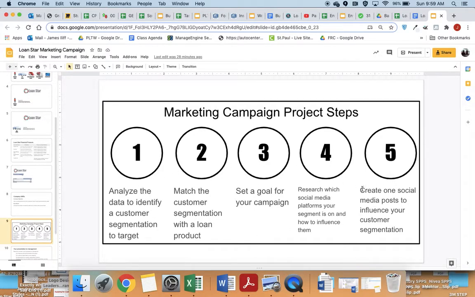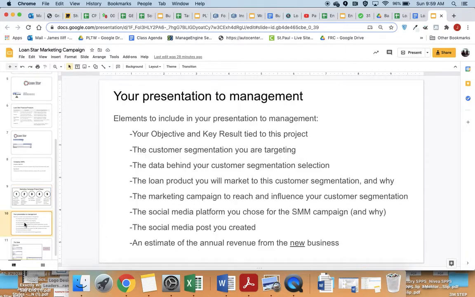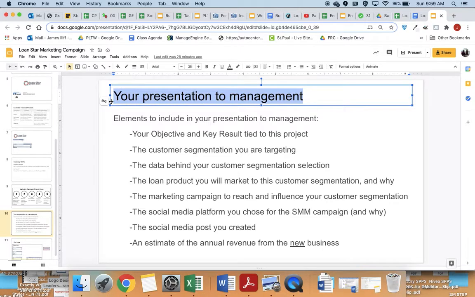And then lastly, of course, you're going to wrap this all up into a presentation that you're going to give to management. So you're going to present all of this to management, and here are all the steps that you're going to do in your presentation.